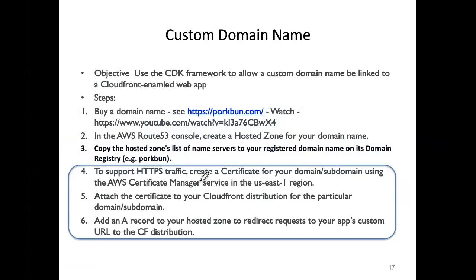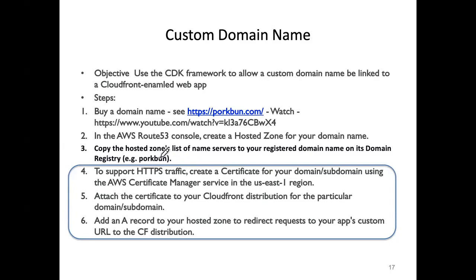4 now involves CDK code. Because we've got a domain name and because we want all of our interaction between browser and our app over HTTPS, we need to get a certificate generated for us. You can get the service that you bought the domain name from to generate a certificate.